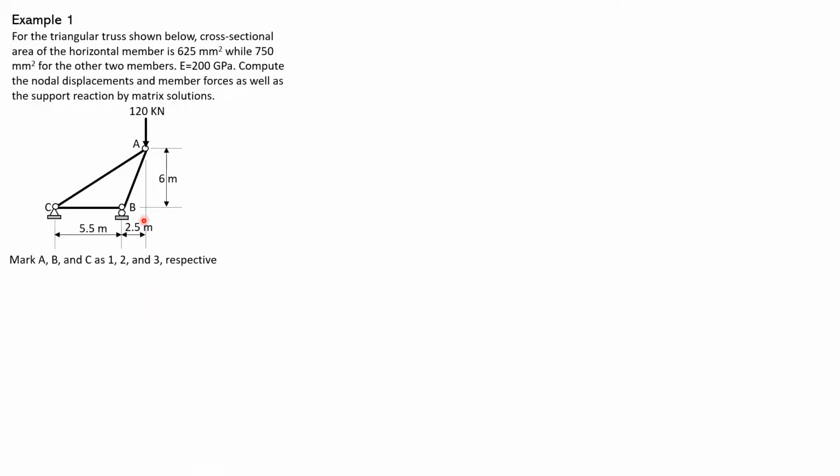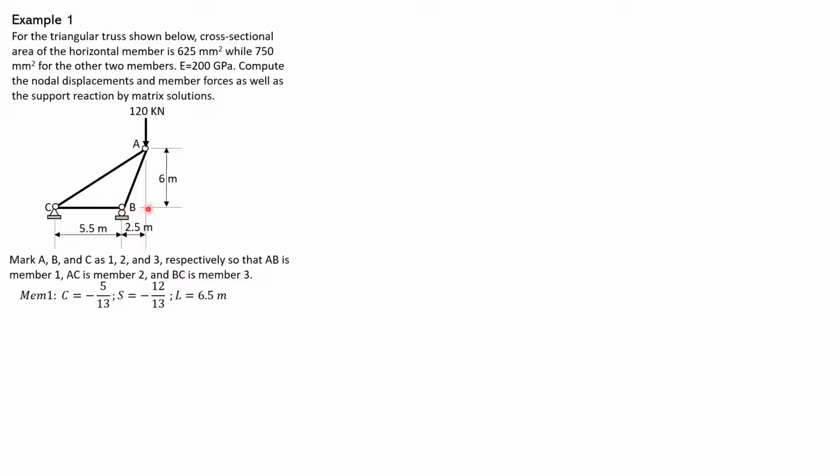So let's mark A, B, and C respectively as 1, 2, 3. Member 1 is AB, member 2 is AC, and member 3 is BC. For member 1, 1 to 2 is directed down to the left, so both cosine and sine are negative.